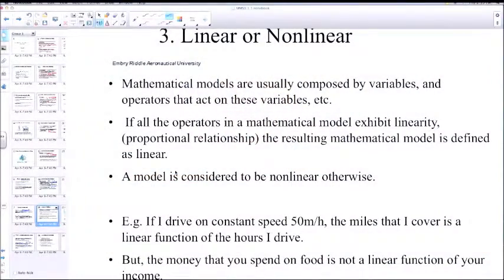Another distinction, the important one for this class, is linear and non-linear. If you recall all the models we talked about in the previous two modules, I always start from linear phenomena, and then we go to non-linear phenomena, and we have this process called linearization.